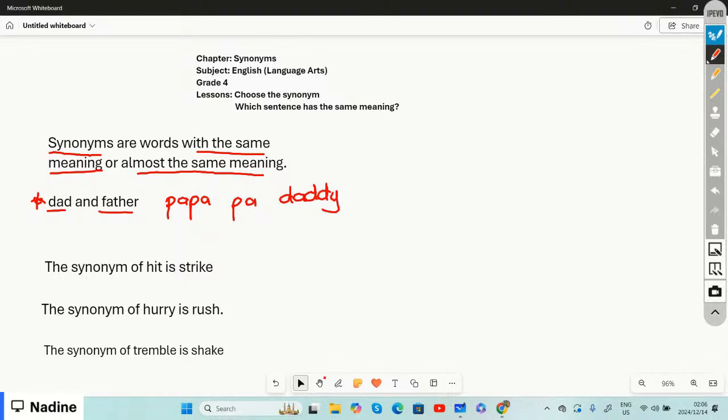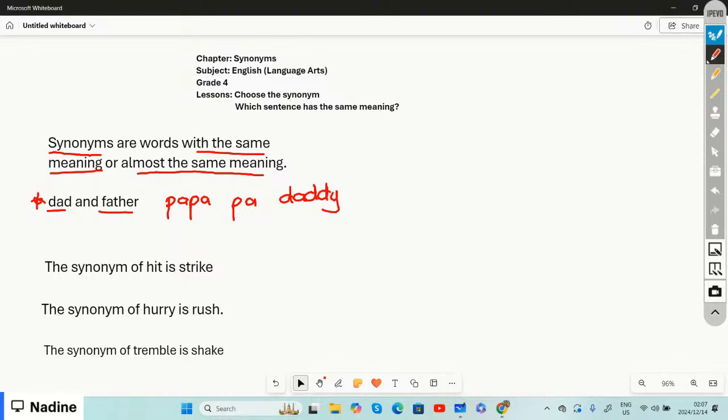Even if you were to say it in your own language, right? Let's say, for example, you maybe speak a different language other than English. Even if you were to use a different language to refer to dad or daddy or father, that word will still be the same as dad. So, we call that synonyms. It's words with the same meaning.